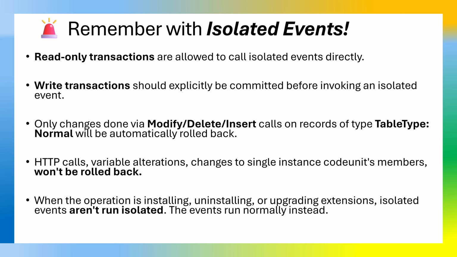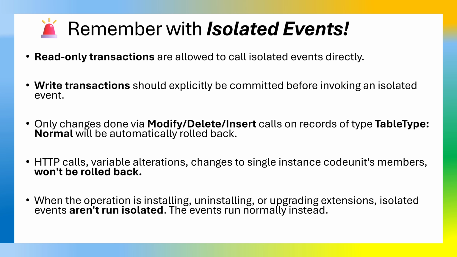The reason for this behavior is that these operations of installing, uninstalling and upgrading an extension require that all operations within them are done in one transaction. So explicit commit calls can't be made during these operations. So when you are installing an app, uninstalling an app, or upgrading an app, even if you have an isolated event, it will be treated as a normal business or integration event. It will not be treated as an isolated event.